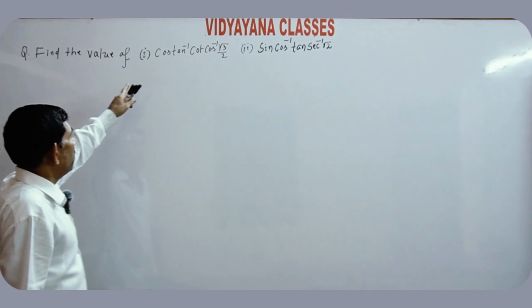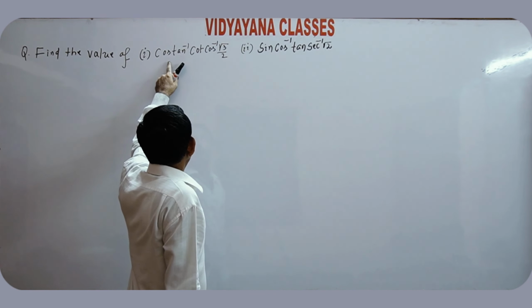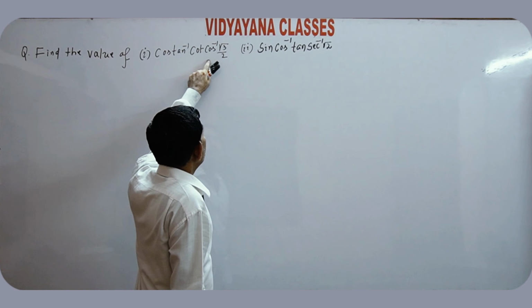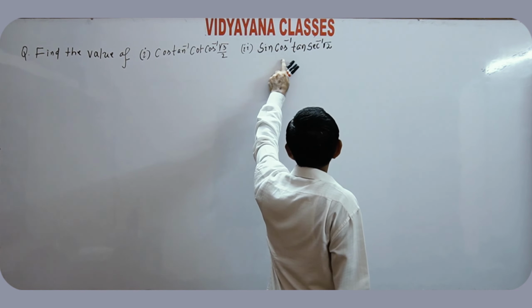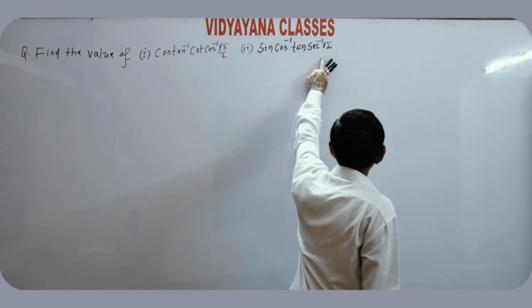Next question. Find the value of cos tan inverse cot... I mean, cos of tan inverse of cos inverse root 3 by 2. Second bit: sin of cos inverse of tan of sec inverse root 2.